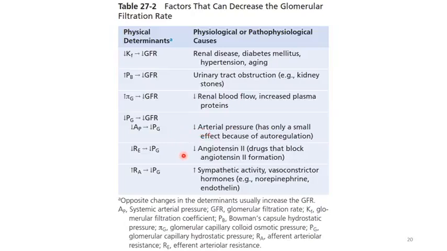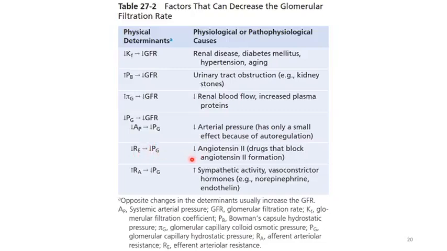The next factor is reduction of angiotensin II, for example, ACE inhibitors or ARBs, angiotensin receptor blockers. This factor can reduce the effect of angiotensin II, and by reducing the resistance of the efferent arteriole, or dilation of the efferent arteriole, it will decrease hydrostatic pressure.